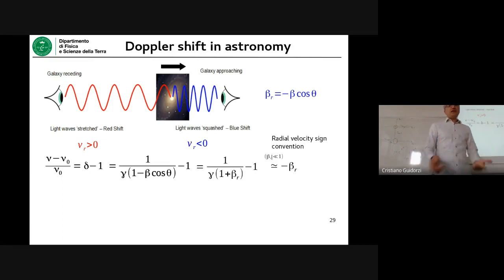And indeed, if delta nu, this guy here, has to be positive, it means that beta r has to be negative. And indeed, beta r, or v r, which is the same, negative means that the source is approaching. So, okay, the sign looks okay.